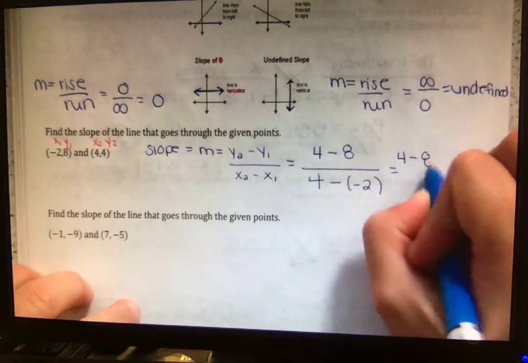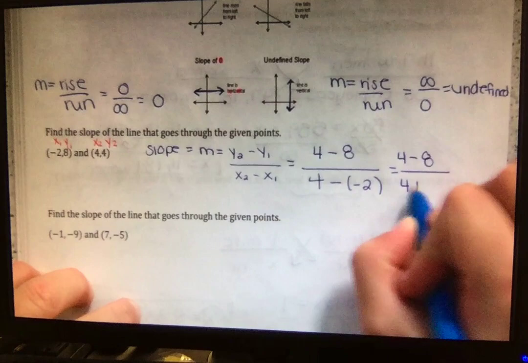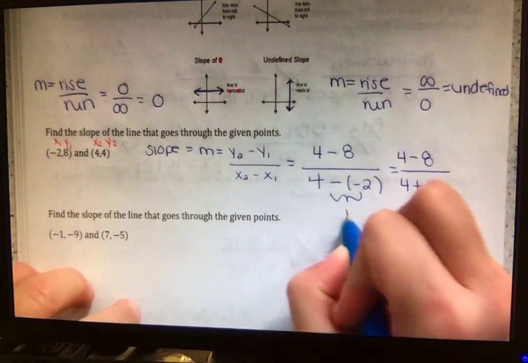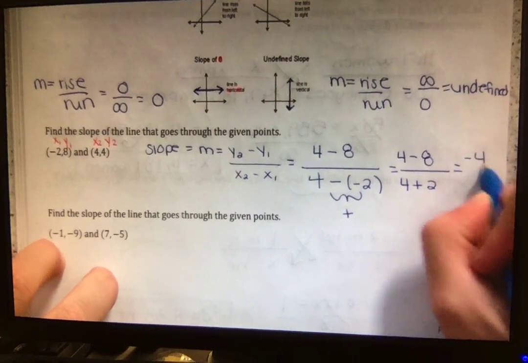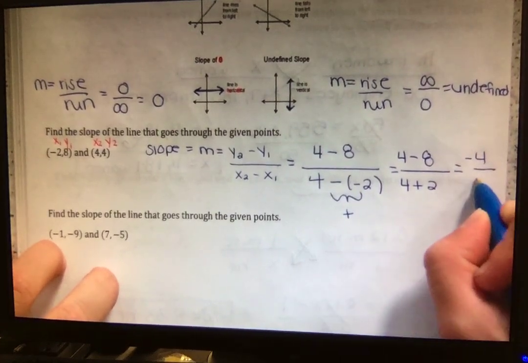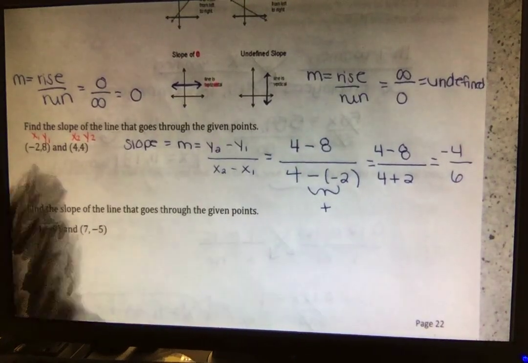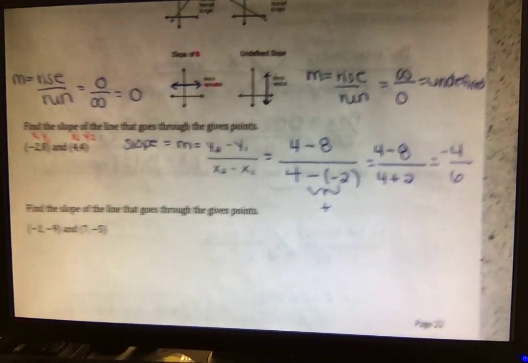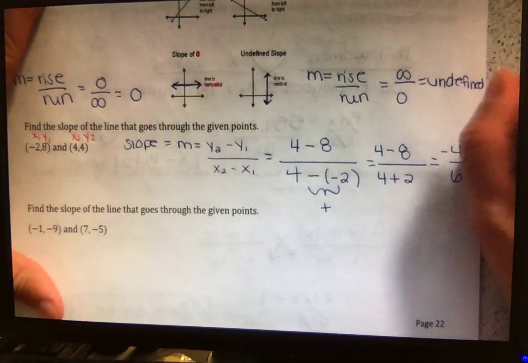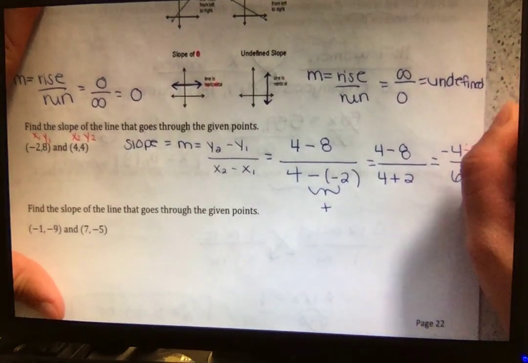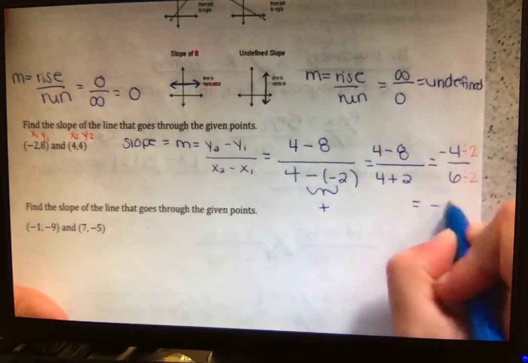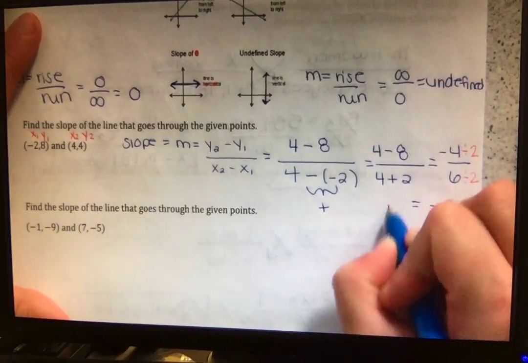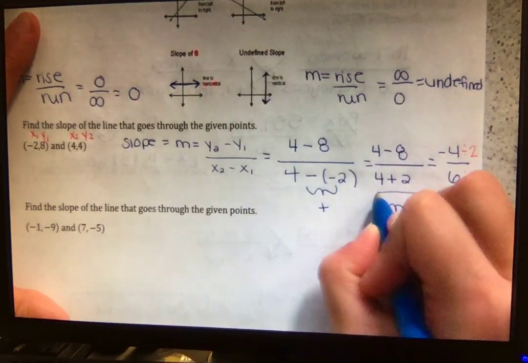Becomes positive, so 4 minus 8, all over 4 plus 2. 4 minus 8 is -4, all over 4 plus 2 is 6. Simplifying -4 over 6, -2/3. Good, they both have a GCF. They both have a common factor of 2. So we're going to divide out that 2 from the top and the bottom. So we get our slope is -2/3. That's it.